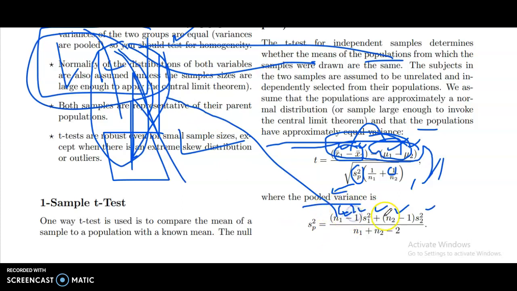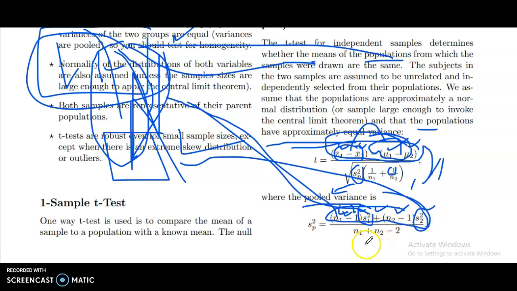Here also the same, multiplied by s1 square and s2 square from sample 2, then add, then divide by n1 plus n2 minus 2. Then we get the pooled variance.